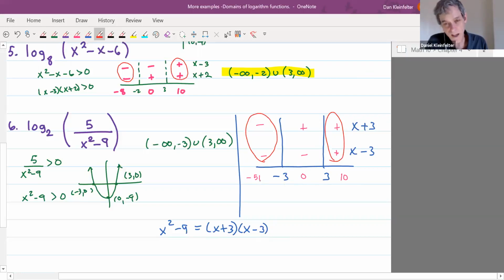I tested each of those test values into the two factors and just recorded whether or not I got a positive or negative answer. Again, we know that a positive times a positive or a negative times a negative will be positive. So we're going to select those intervals from -infinity to -3, and then from 3 to positive infinity.